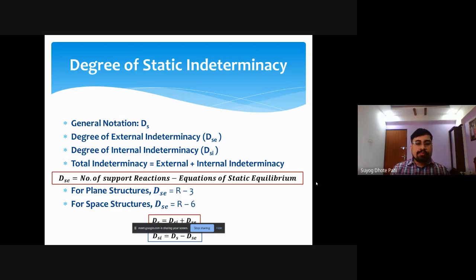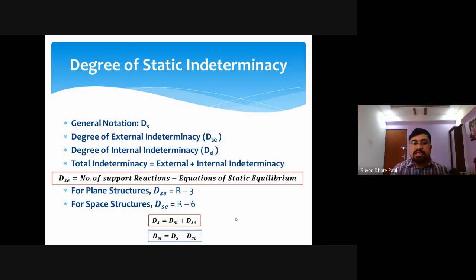Now for plane structure, external indeterminacy is calculated using this formula: number of support reactions minus equations of static equilibrium. So for plane structure, D_SE can be calculated by R minus 3, and for space structure, D_SE can be calculated by R minus 6. What is R?